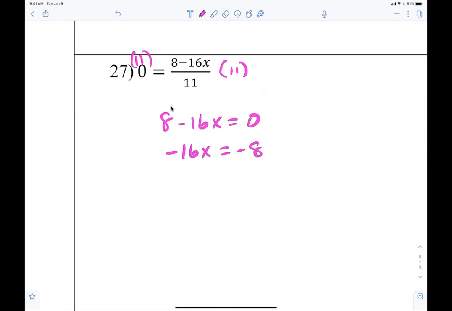Then divide by -16. Good job. x equals 1/2. Would that be a positive 1/2? Yeah, positive, because a negative divided by a negative is a positive.